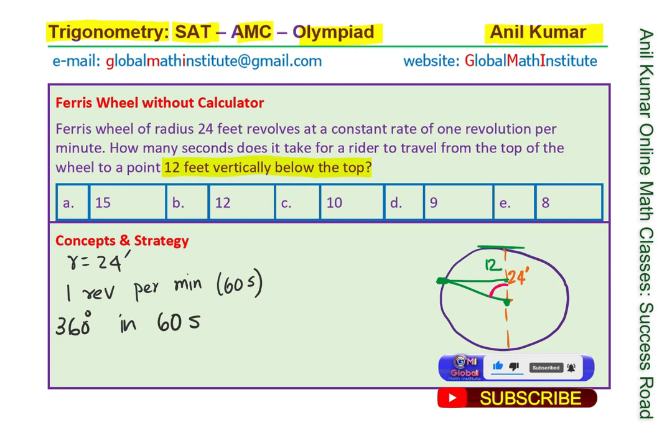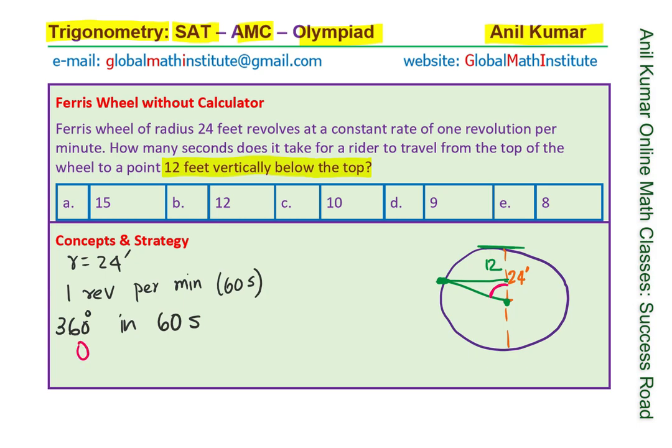We need to find that angle which is between the side 12 and 24, right? That angle should be 60 degrees. Do you know why?